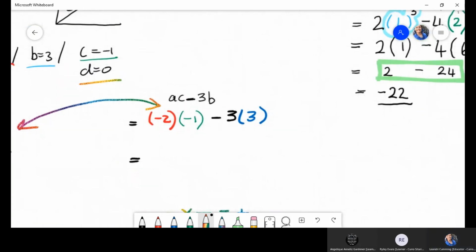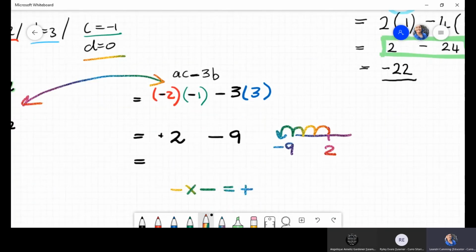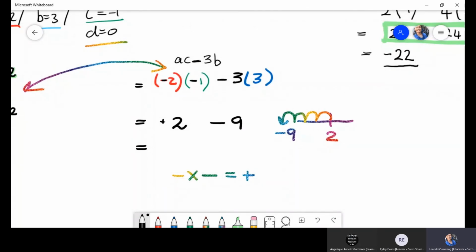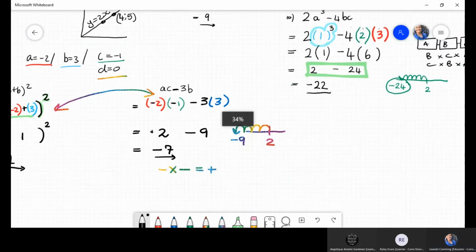So, negative 2 times the negative 1 becomes a positive. 2 times 1 is 2. Negative 3 times 3, 9. Back to my number line. Back to positive 2, but I am subtracting a big fat 9, which means my final answer can no longer be positive. Minus 7.